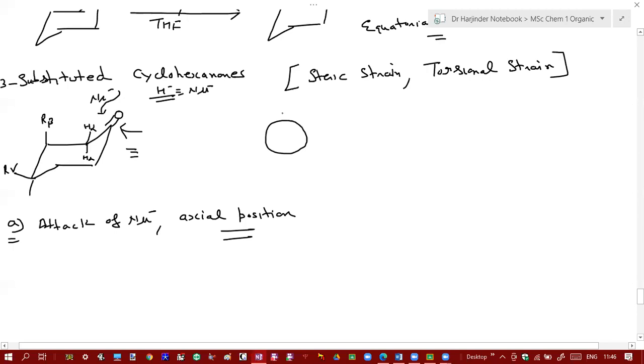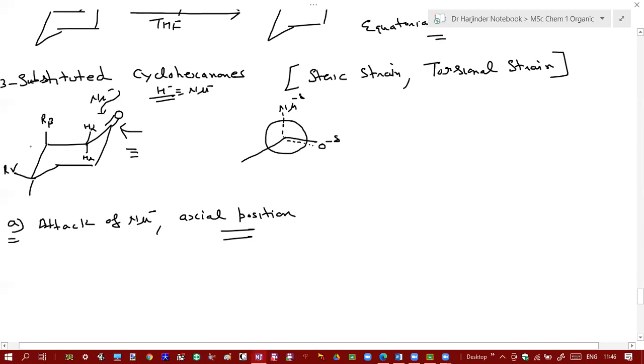This is your nucleophile, attacking from above, and this oxygen goes sidewise. Now it will have a partial double bond and it will move over here. They both have partial negative charge.